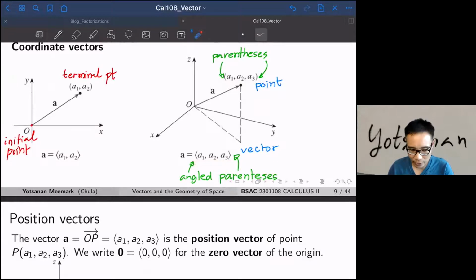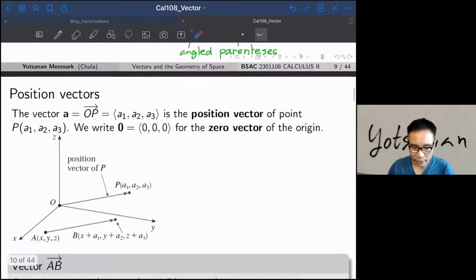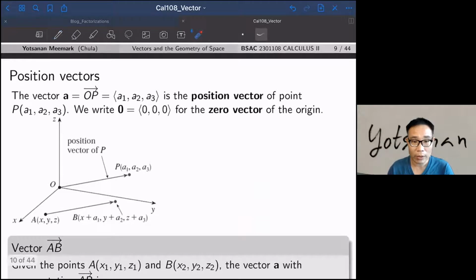This one is called the position vector. The position vector is the vector that has the terminal point at the position A1, A2, A3, and the initial point at the origin. And this one will be the vector A or vector OP.